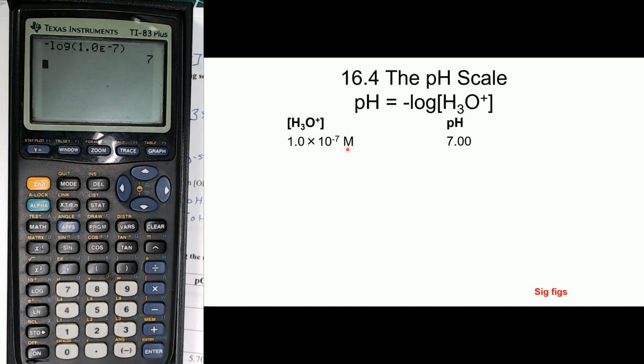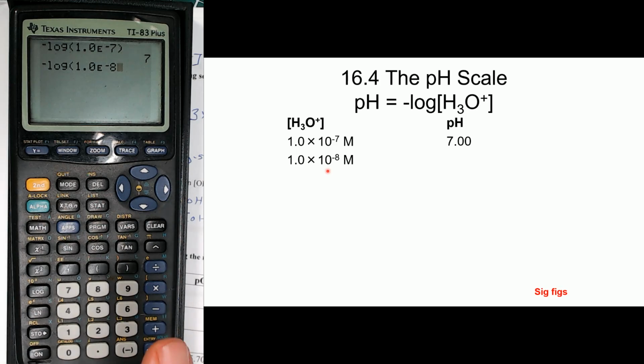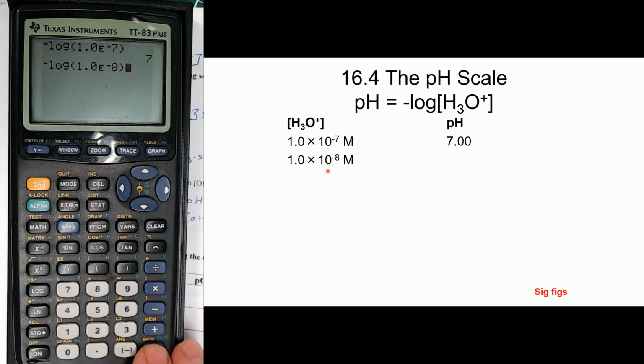And to illustrate that, so here we've got 1.0 times 10 to the negative 7. Well, let's do 1.0 times 10 to the negative 8. So again, negative log of 1.0 times 10 to the negative 8. We enter that in, we'll get 8, so that's going to be 8.00.